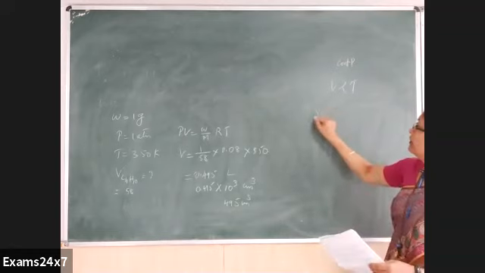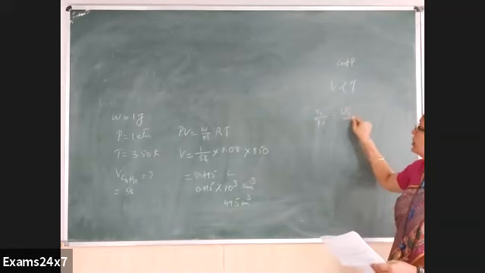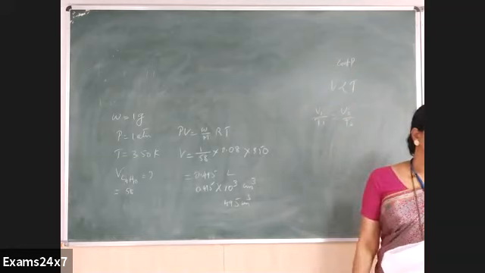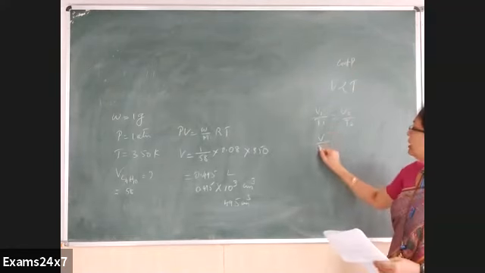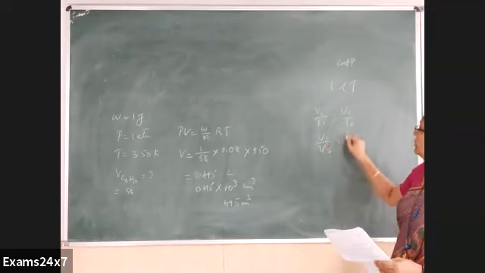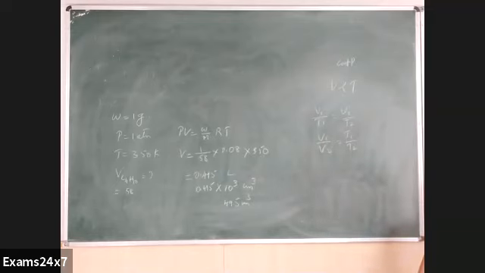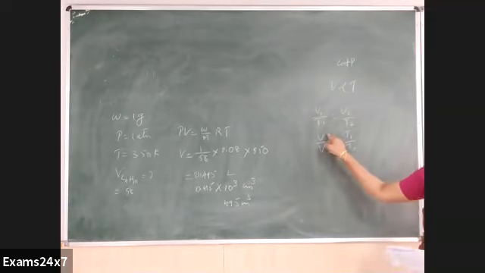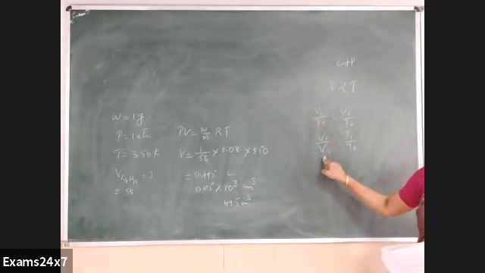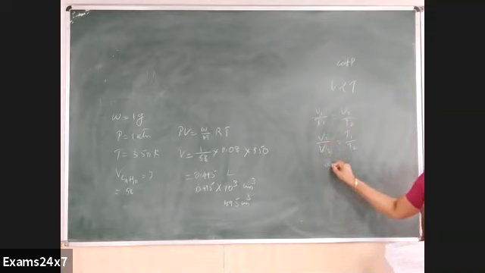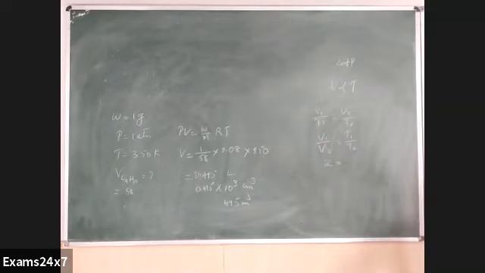We can have V1 by T1 equal to V2 by T2, right? Or V1 by V2 will be equal to T1 by T2. The volume is doubled, keeping pressure constant. That means V1 by V2 should be equal to how much? Doubled. Correct. 27 degrees Celsius is 300 Kelvin.